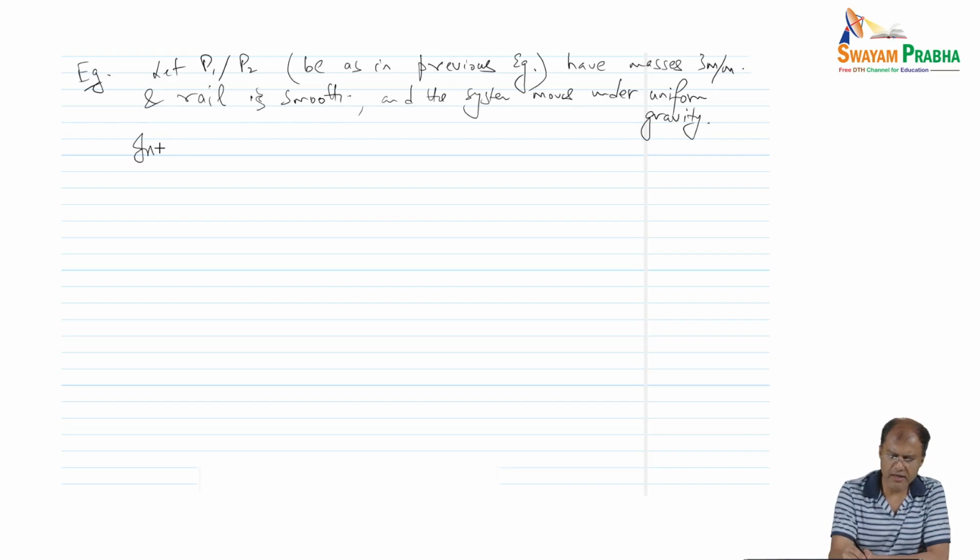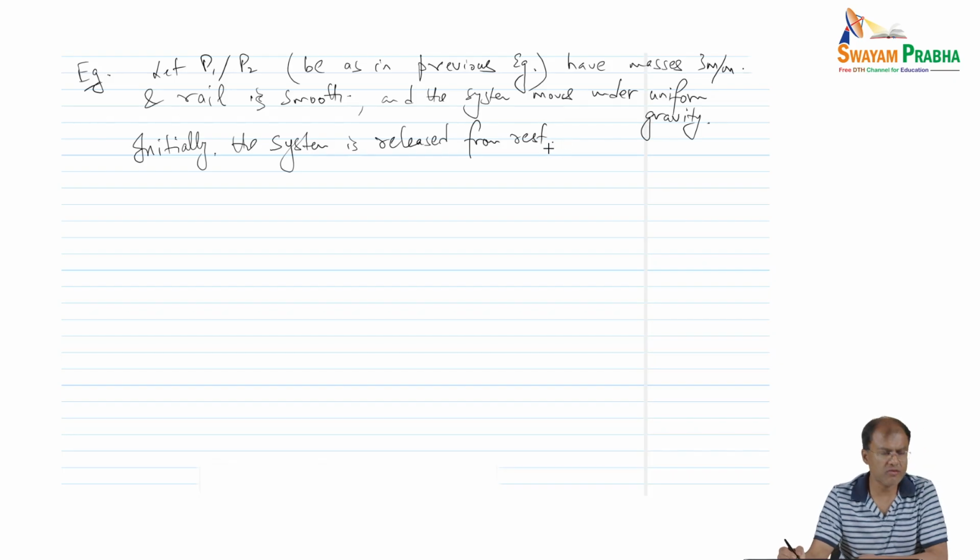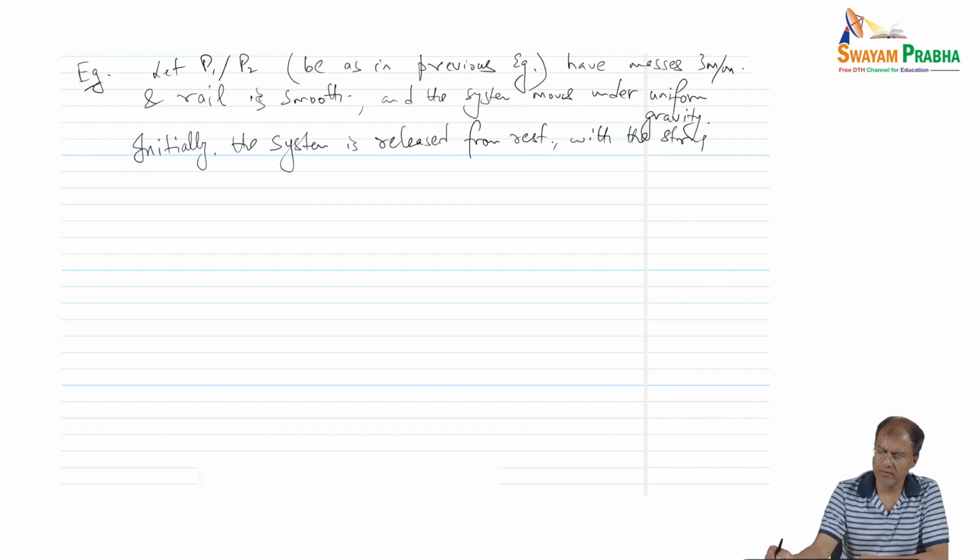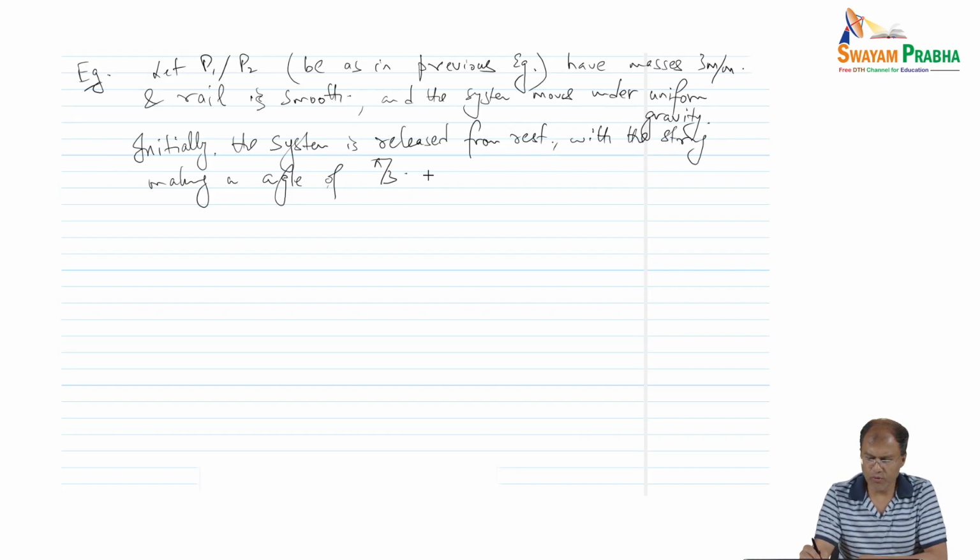And initially the system is released from rest, with the string making an angle of 60 degrees, that is pi by 3, with the downward vertical, with respect to the vertical.